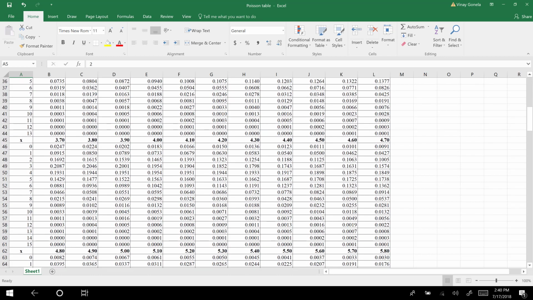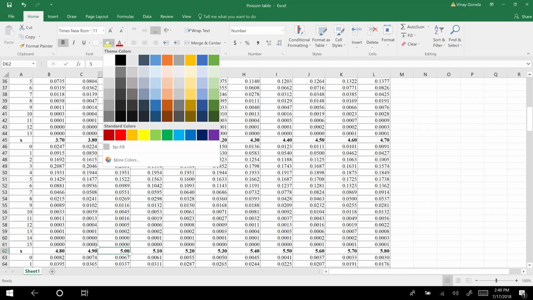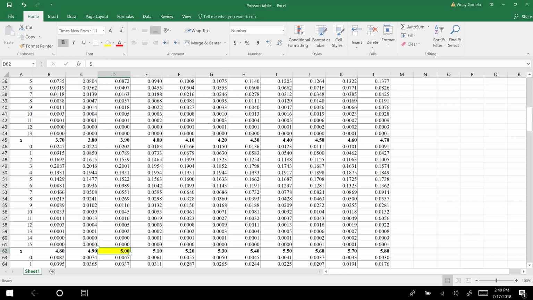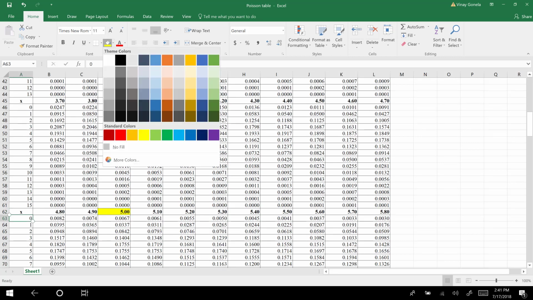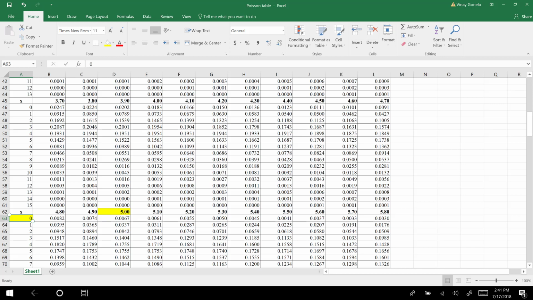All the bold ones across the row are lambda values. So this is lambda, which is 5. Now we are looking for the x value of 0.